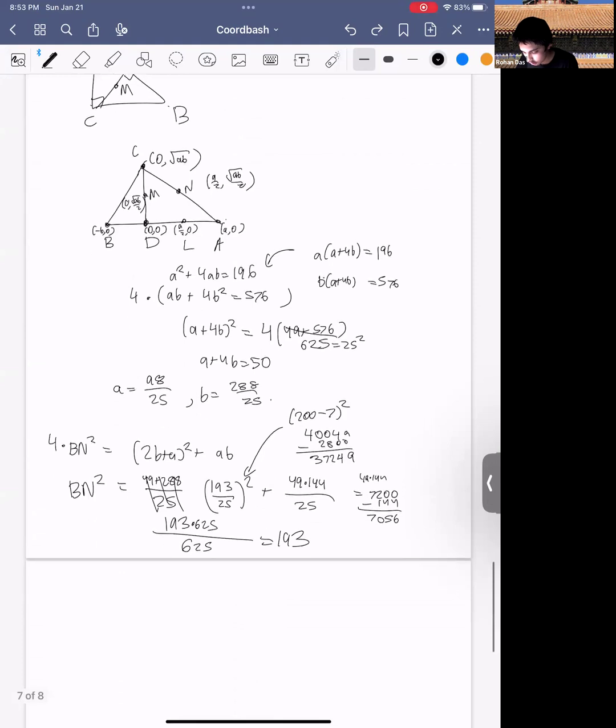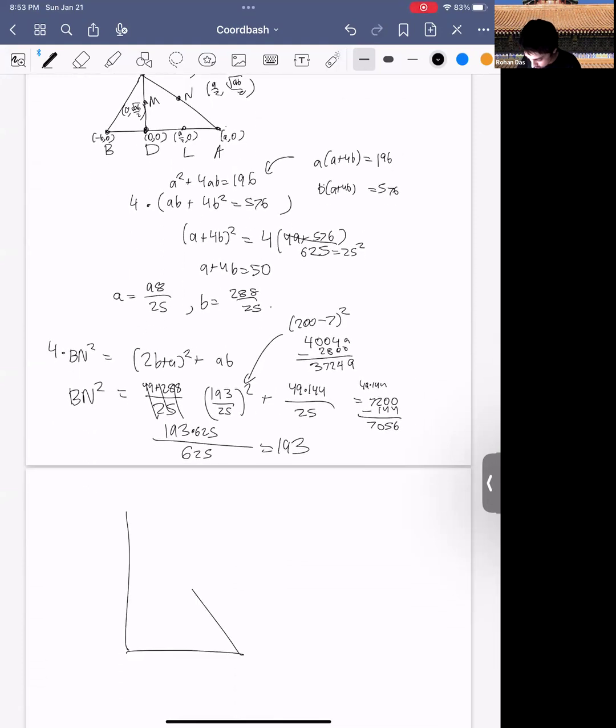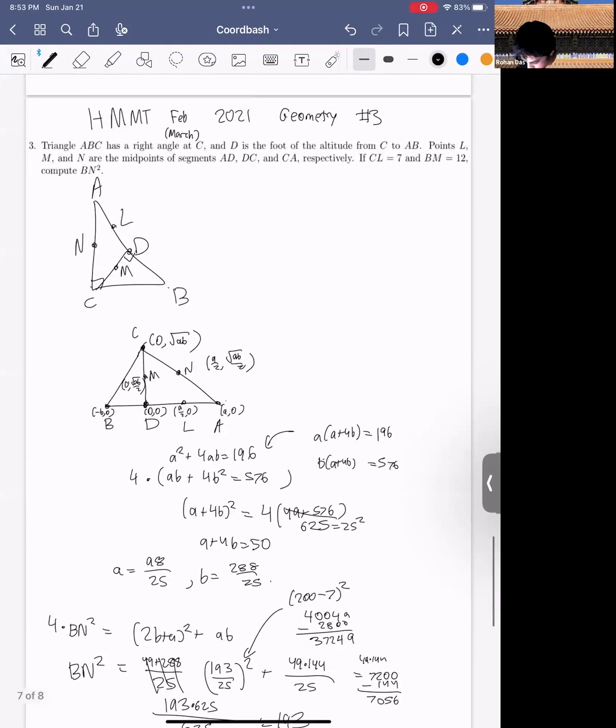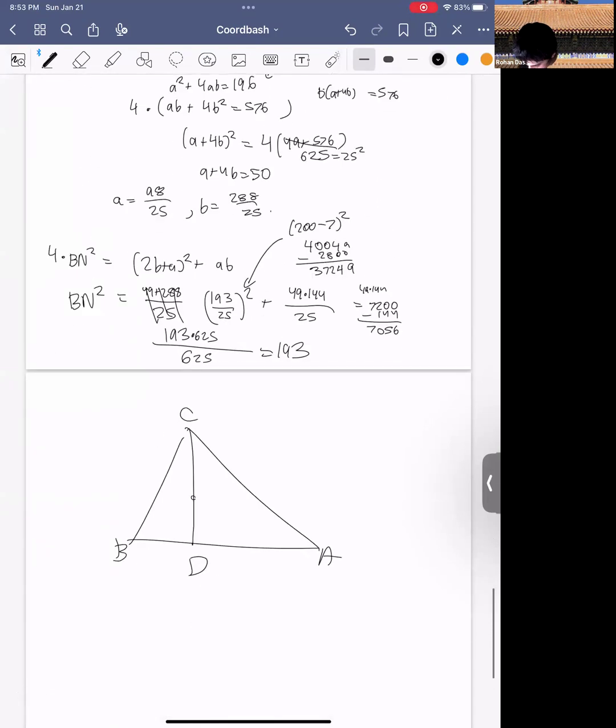Because the solution is, I'm going to draw it like this again. You have C, B, A, D, N, L, N. And because these are right triangles, the triangle BCD is similar to the triangle BAC, which is similar to the triangle CAD.